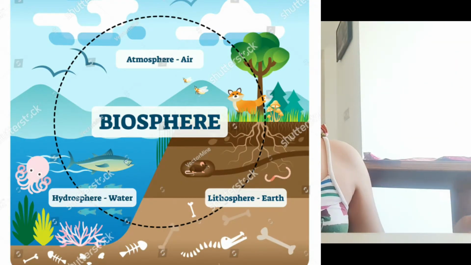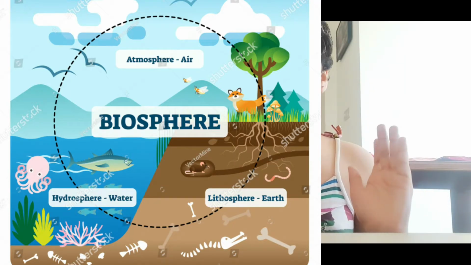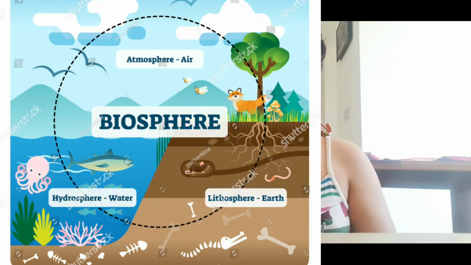Do you know what is biosphere? Plants, animals, air, water, land just come together, it makes the biosphere. Means all the things, our surrounding is a biosphere because we have water to drink, air to breathe, and plants help us to breathe also.